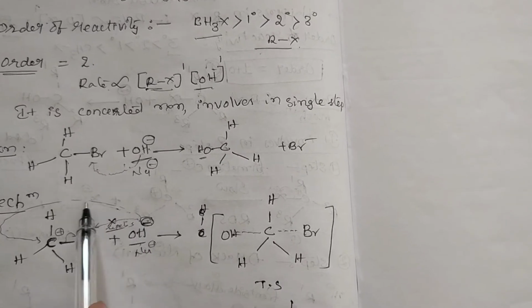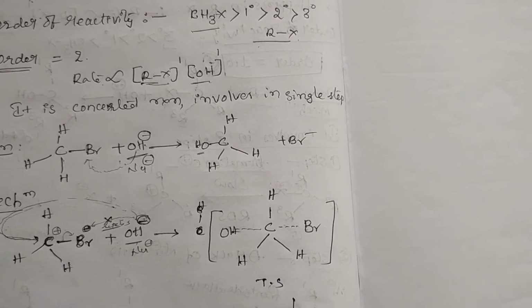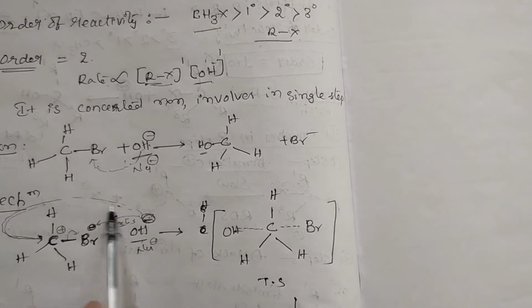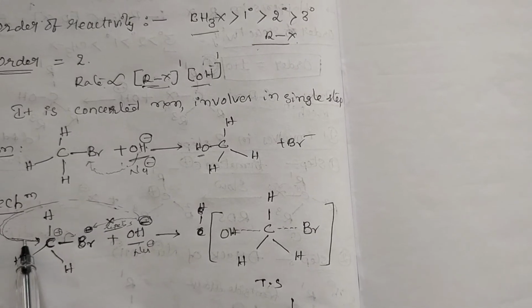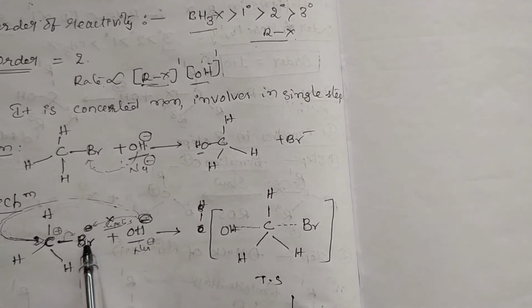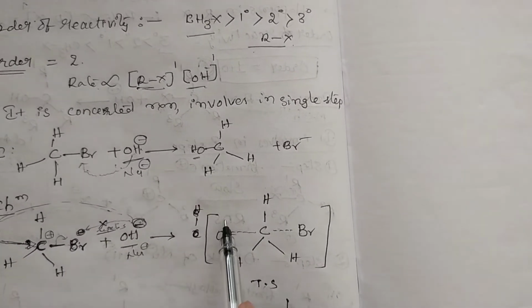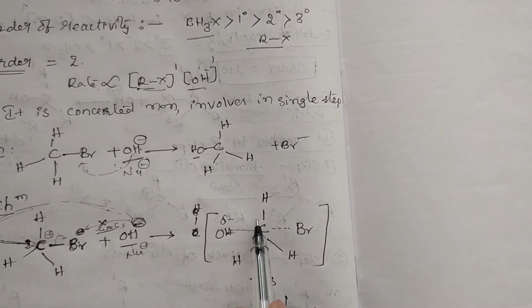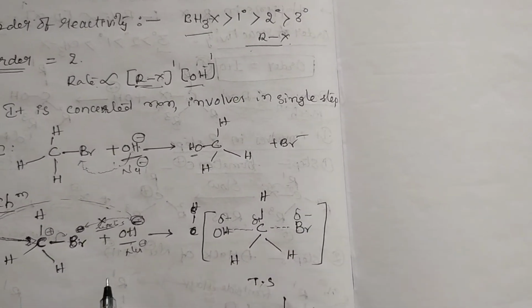So it comes from the backside. When it comes from the backside, slowly the bond formation takes place with this carbon and this bond is going to cleave. So you will get OH partially negative, this carbon partially positive and Br partially negative.